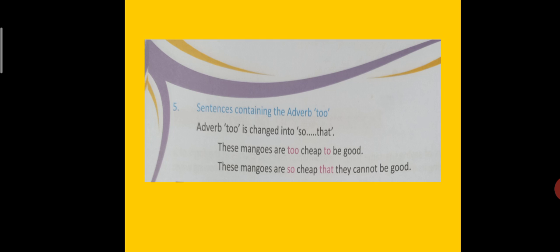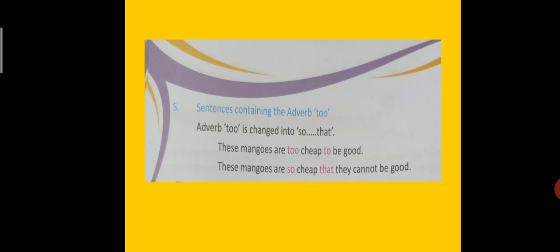And I think this is the last point of this chapter and the method. It is saying sentences containing the adverb to, what we have to do over here, adverb to is changed into so that. You will get it clear in the examples. These mangoes are too cheap to be good.